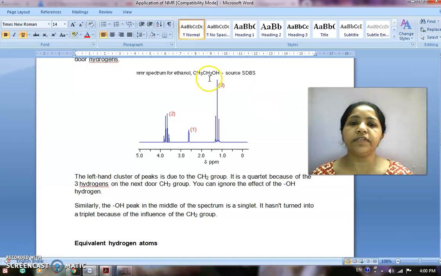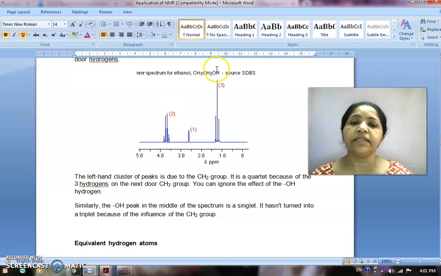So what we have, this is CH3 and it is split into a triplet. You can see it is a triplet because of this 2H which is splitting it. Next, this is CH2 and it is getting split into a quartet. As you can see, its height is also less.